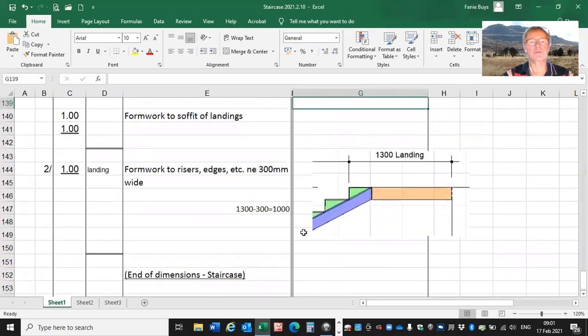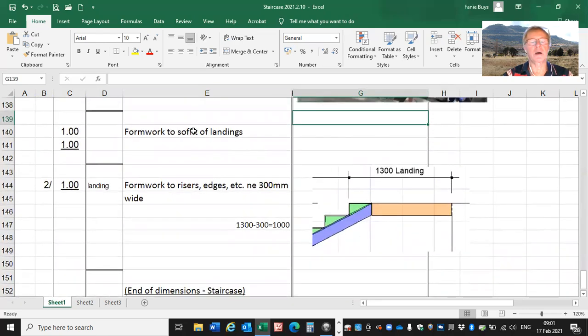So we do not have to state the propping up category for that description there. And the dimensions is simply the 1 meter there. The remaining is the 1,300 minus the 300 millimeter, gives us a total length there of 1 meter, and the width of the landing we've seen previously is also 1 meter.